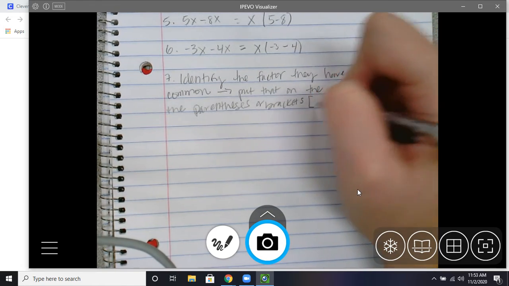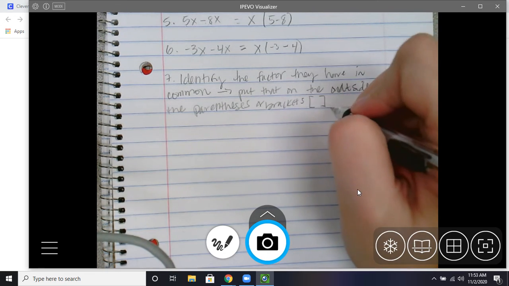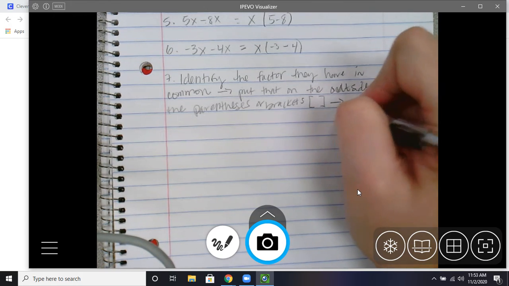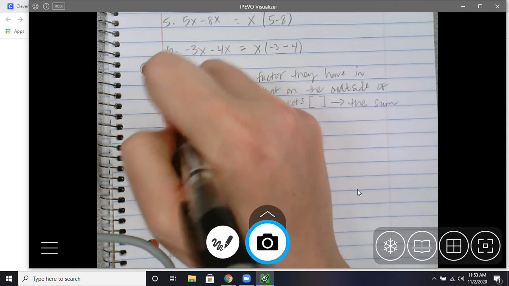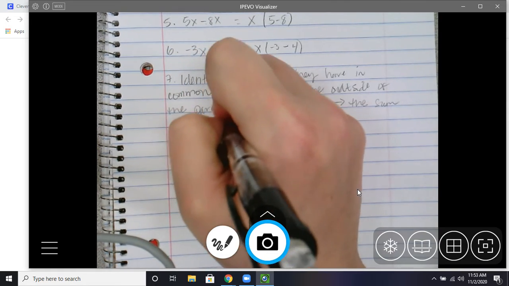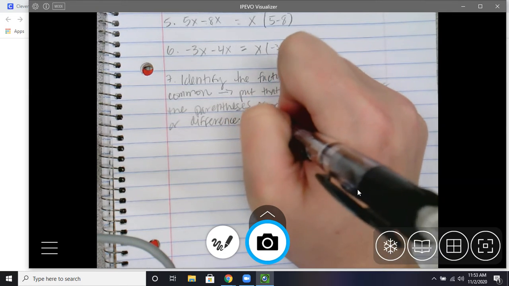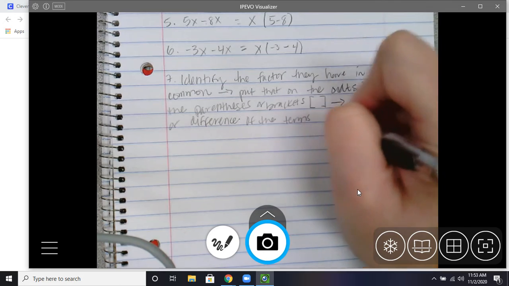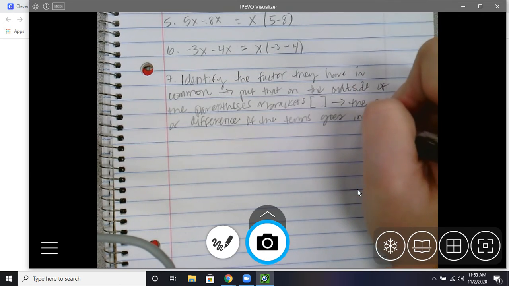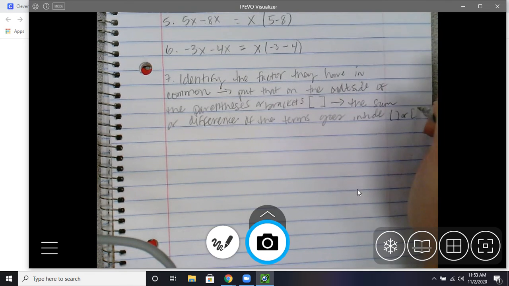Remember, these are brackets. And then the sum or difference of the terms goes inside the parentheses or the brackets.